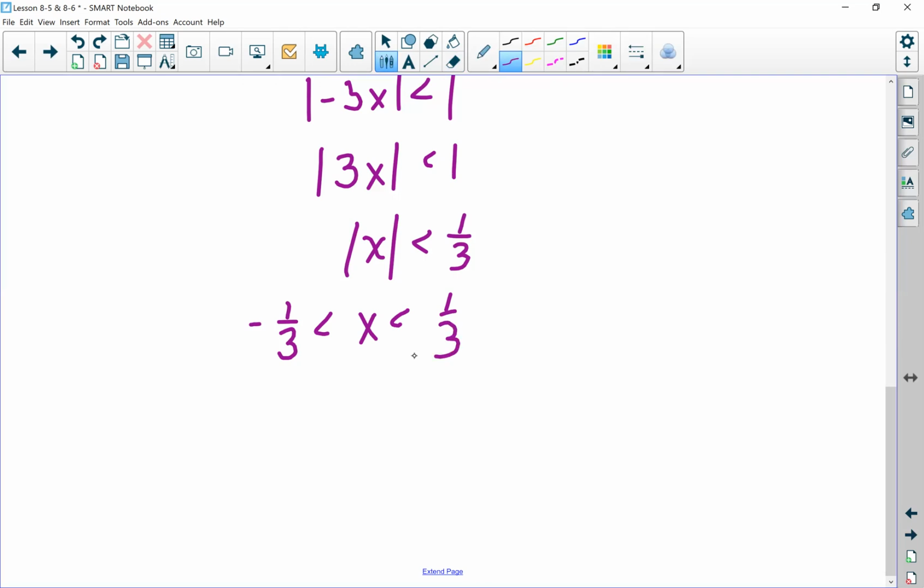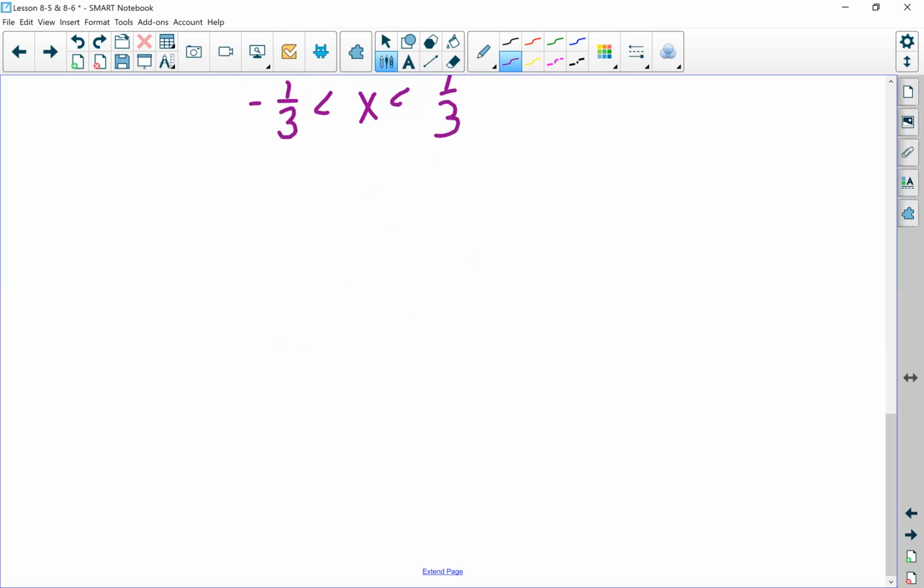And now we want to check the endpoints. So to check the endpoints, we go back to our original expression, which was -3 to the n, x to the n over the square root of n plus 1, and plug in negative 1/3 for x.